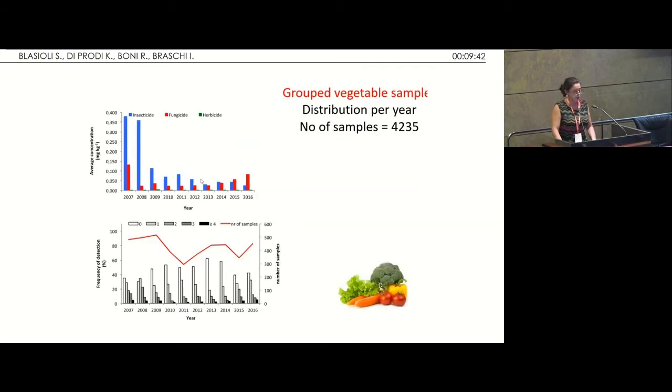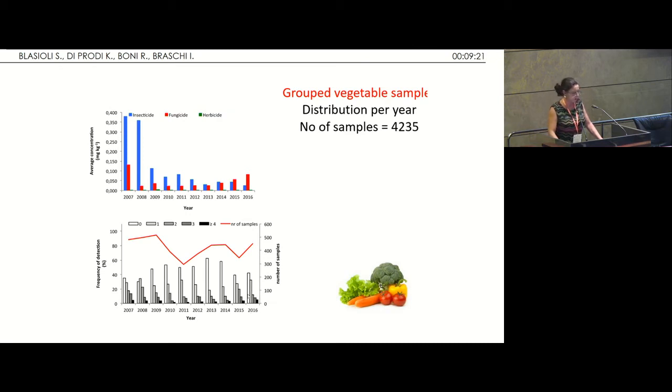Now, if we look at the vegetable samples, we can observe a trend which is a little bit different from the big data in total, but still we can observe a decrease in insecticide and a small increase of fungicide, at least from 2010.